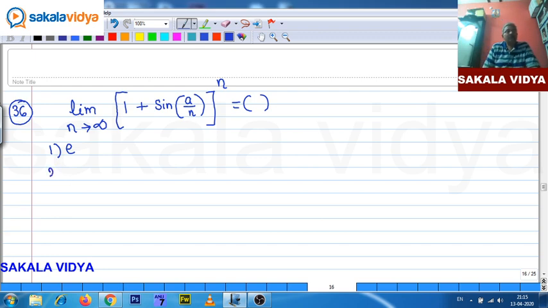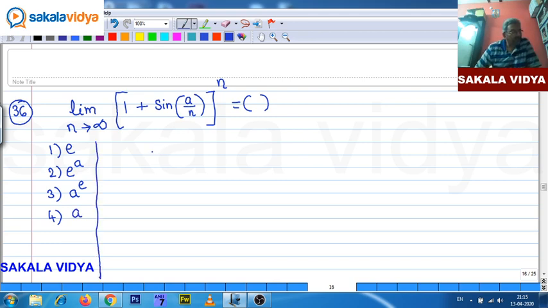Second is e to the power of a. Third is a to the power of e. Fourth is a. See, this problem we can do in a very easy manner. Okay.